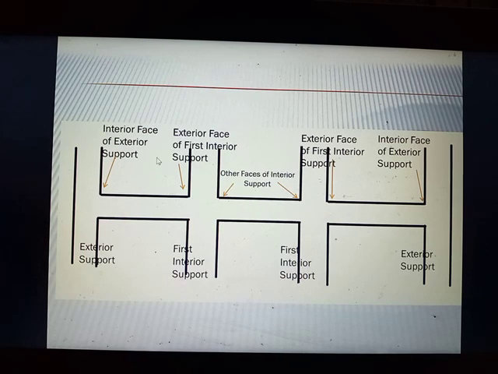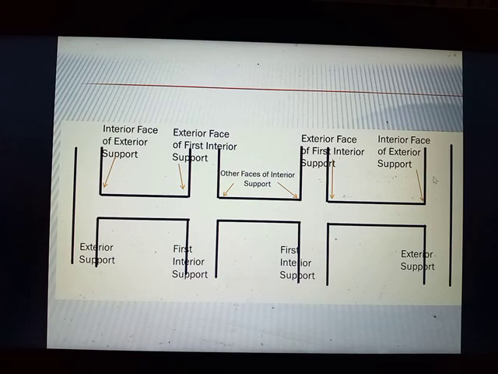Speaking of exterior and interior faces, this side is the interior face of your exterior support. This is your exterior support, so this is the interior face. Since this is your first interior support, this is the exterior face of the first interior support.